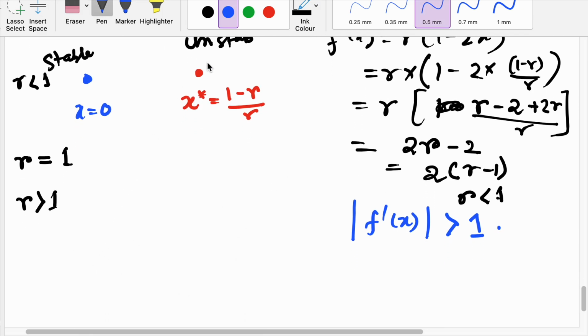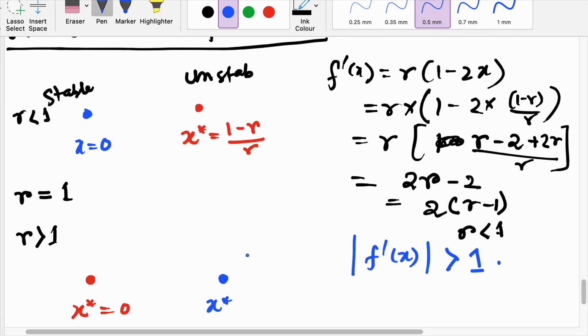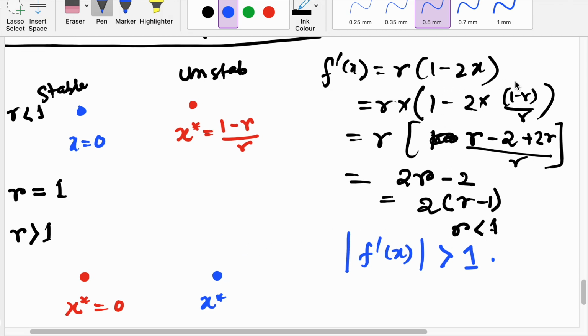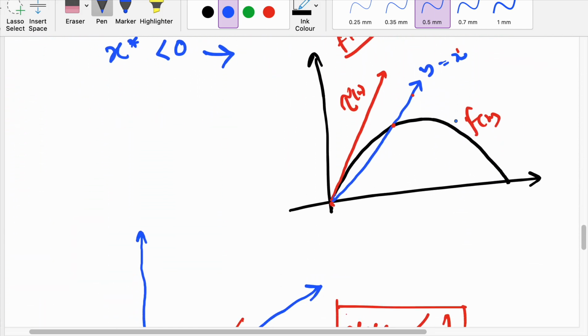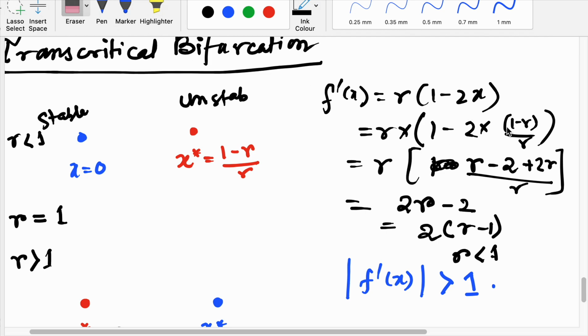So the stability now becomes: x star equal to 0 becomes unstable, and this point x star, okay, x star is (r minus 1) by r, so r minus 2r plus 2, so it will become minus 2r.